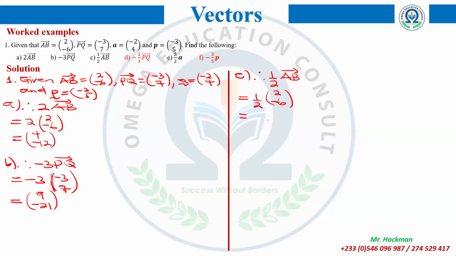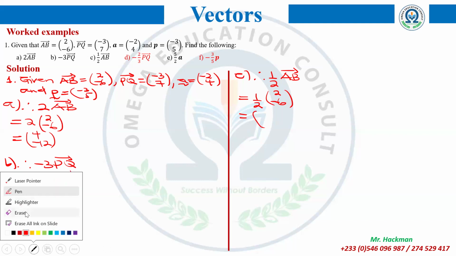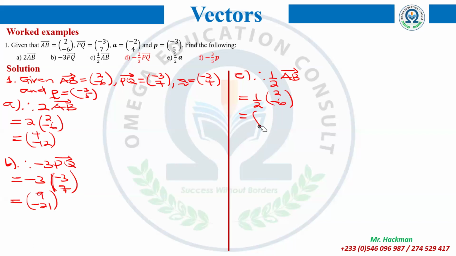So that is going to give us, let me write my bracket well, half times 2, which will give us 1. And -6 over 2 will give us -3.